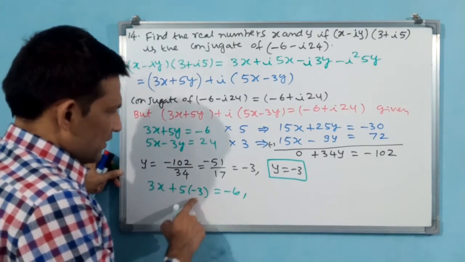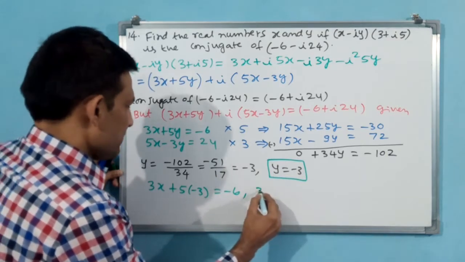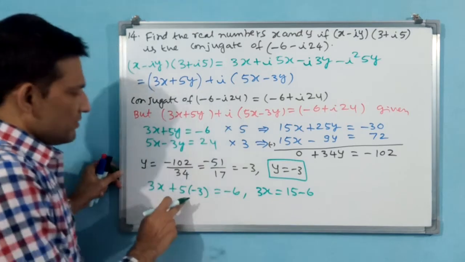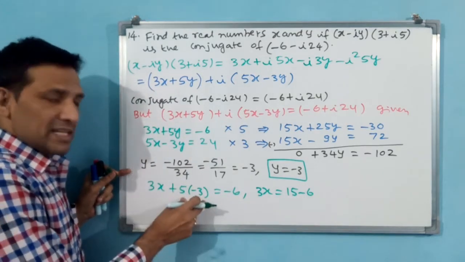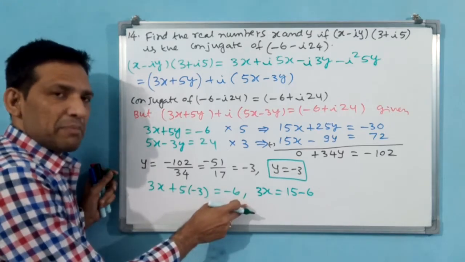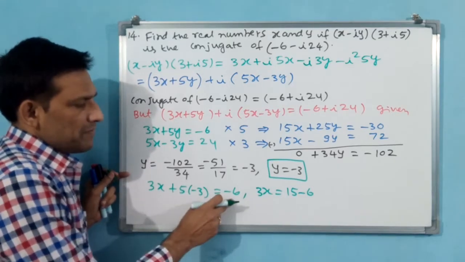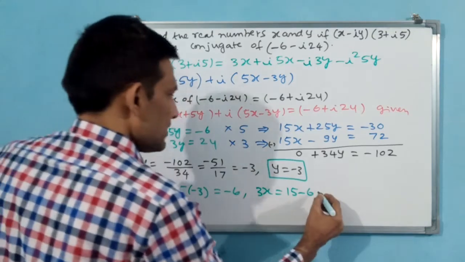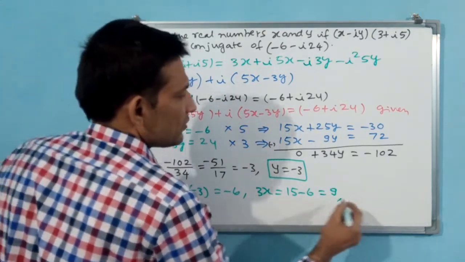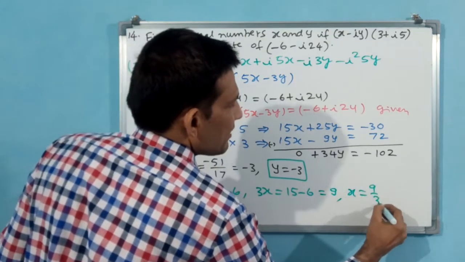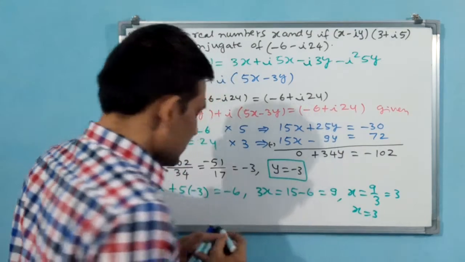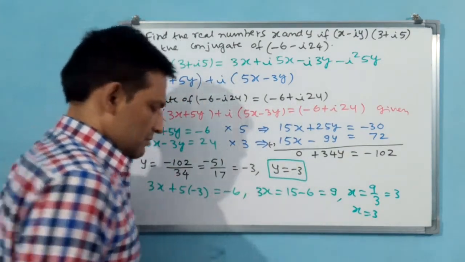Minus 15, if it goes this side, plus 15. 3x is equal to 15 minus 6, that is equal to 9. 3x is equal to 9. x is equal to 9 by 3, that is equal to 3. That means x is equal to 3 will be your x value. Box it.